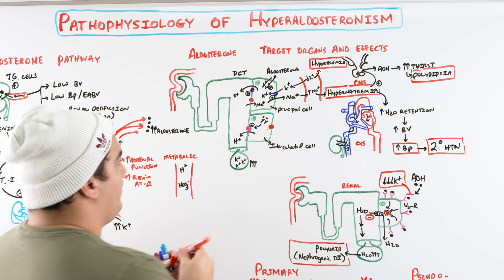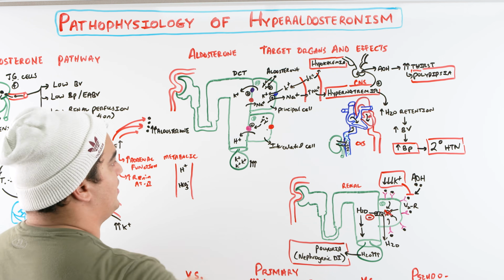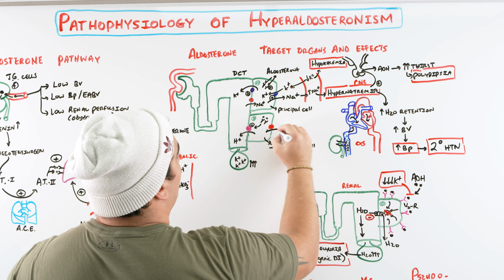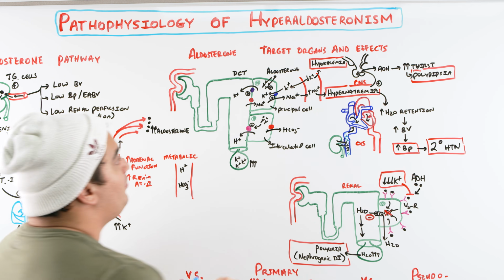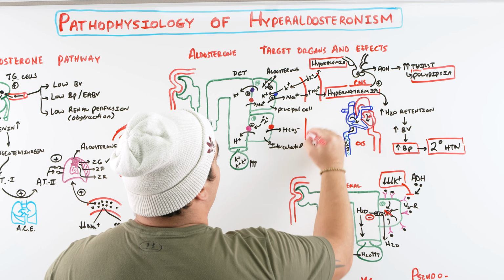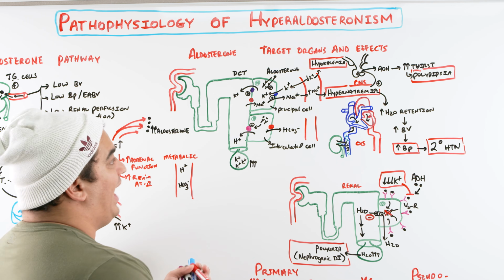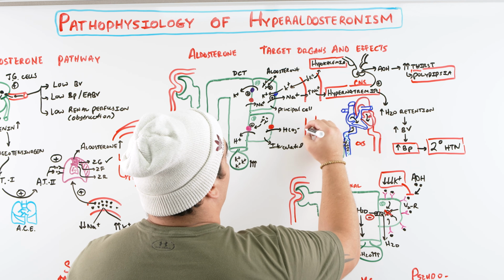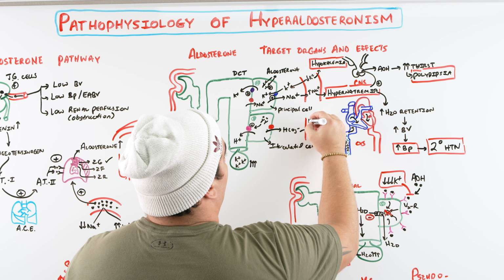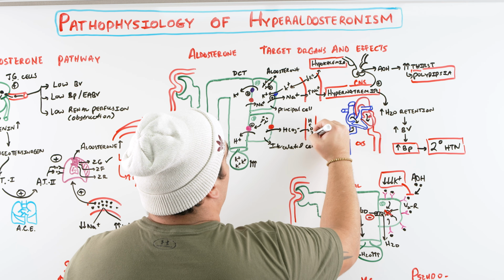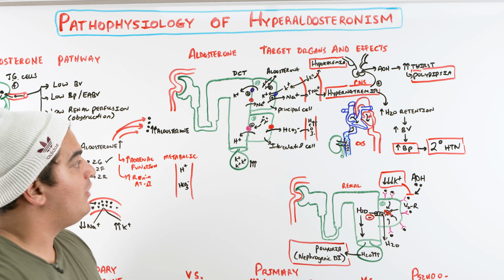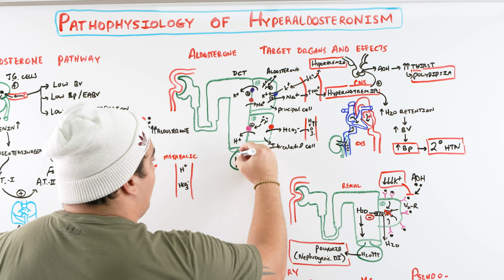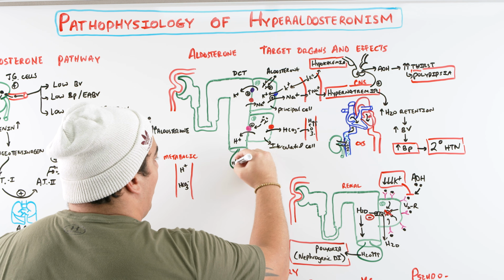Another channel here where it secretes protons, but at the same time reabsorbs bicarb into the bloodstream. So now I would get a lot of bicarb in the bloodstream, so my bicarb would potentially go up. I would have an increase in bicarb. But I'm secreting protons, and so I'm going to have a lot of protons present in my urine now.